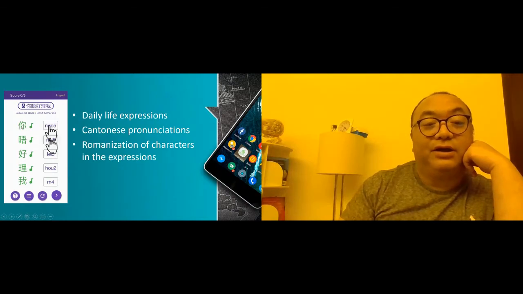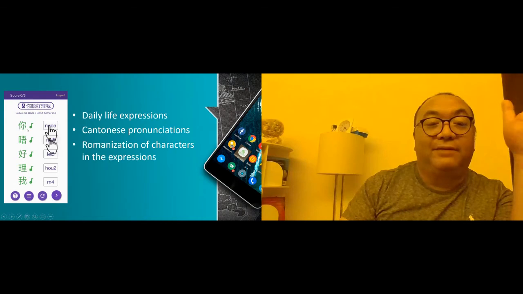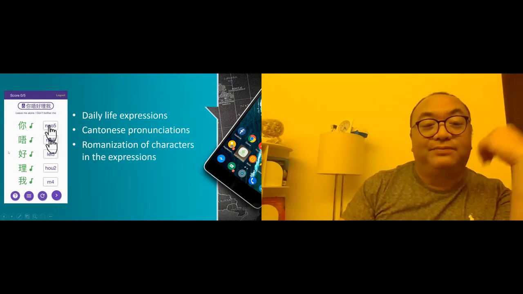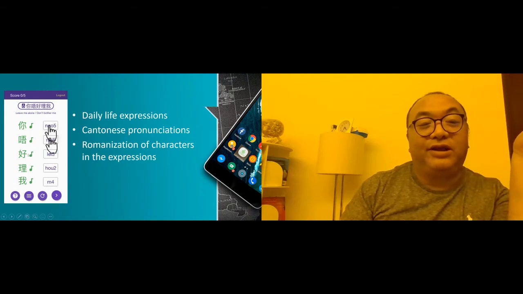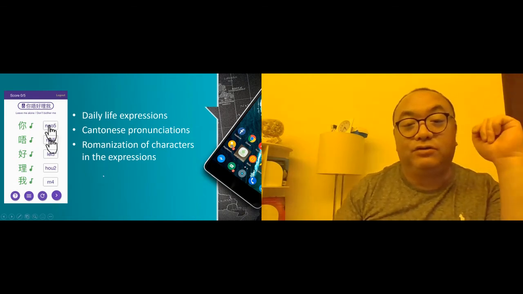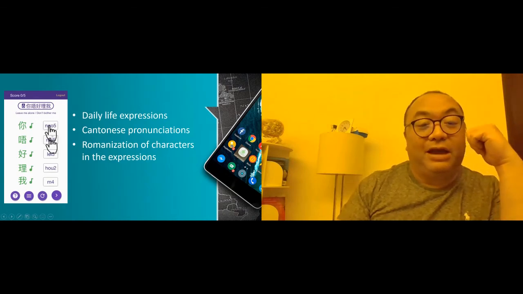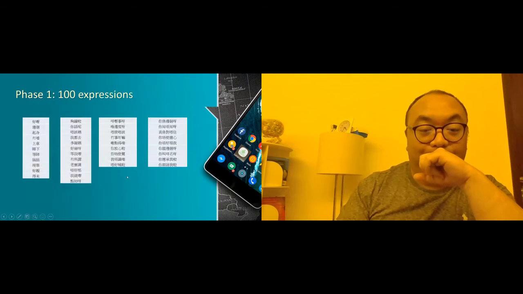At the same time, we are not just teaching them simple vocabulary. I think most apps just use simple vocabulary items. But here we try to include some funny expressions like 你唔好理我, leave me alone or don't bother me. Then they match the character with the romanization in the expressions.